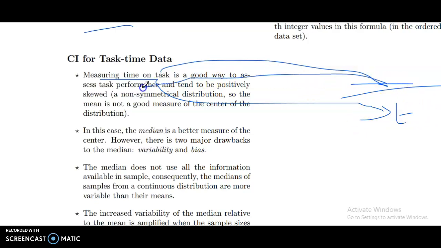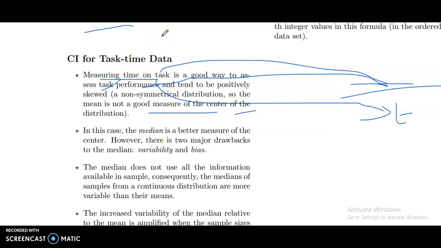Task times tend to be positively skewed, a non-symmetrical distribution, so the mean is not a good measure of the center of the distribution. In this case, the median is a better measure of the center.